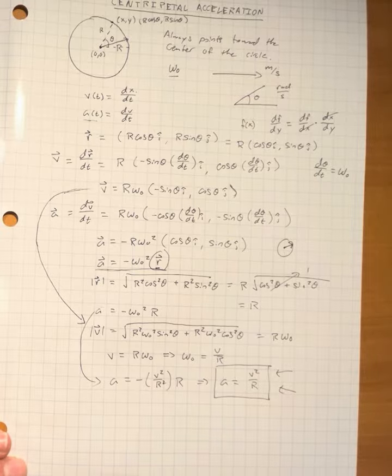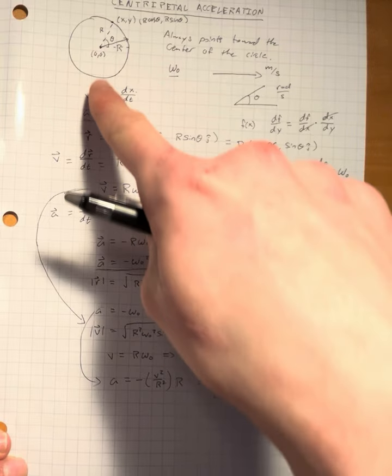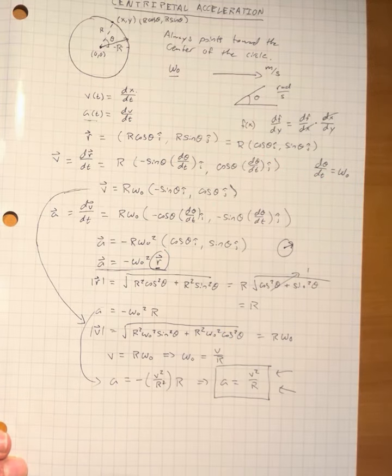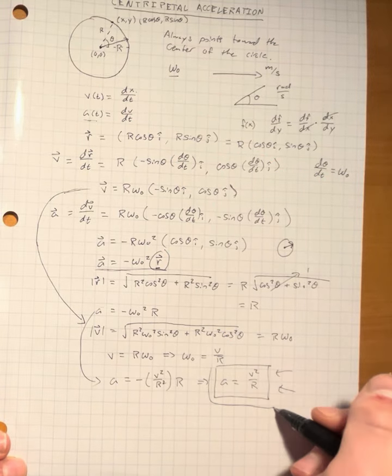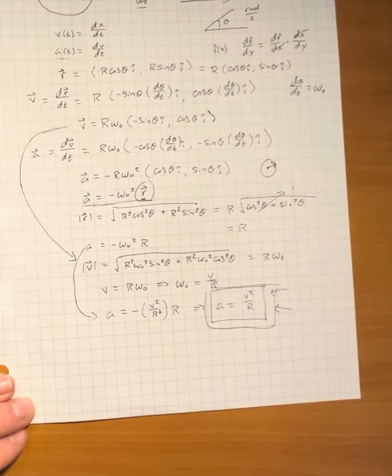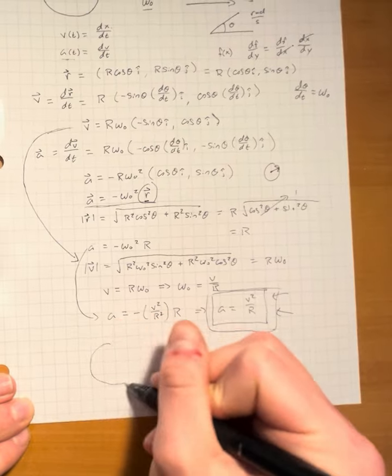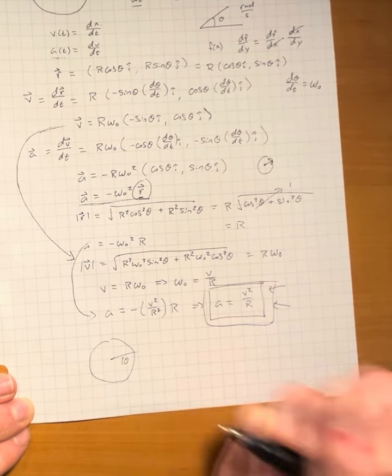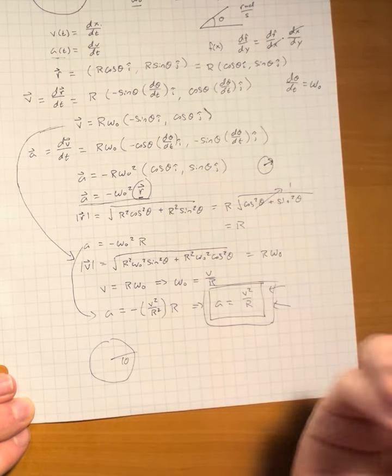So all of this is a derivation. You are probably never going to have to do this derivation. What you are going to have to do is know this equation, because you're going to be given a problem where you're going around in a circle with radius 10 and they want to know how fast you can go without exceeding 30 Gs.